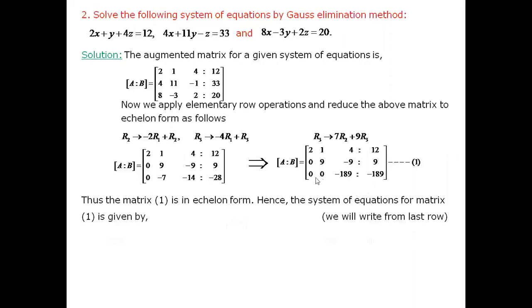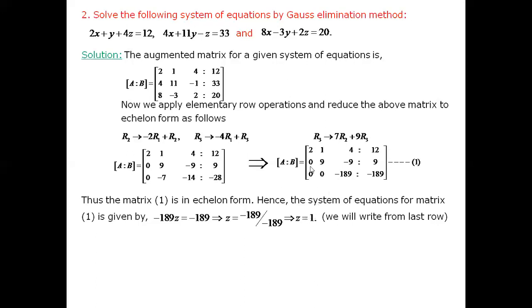The last row is: x is 0, y is 0, the value of z is minus 189. So I can write minus 189 into z is equal to the right hand side minus 189. So z becomes minus 189 by minus 189, which gives 1. So this is the solution for z.